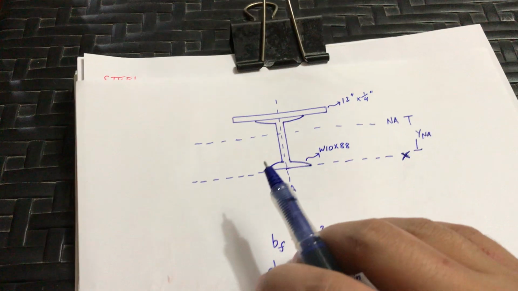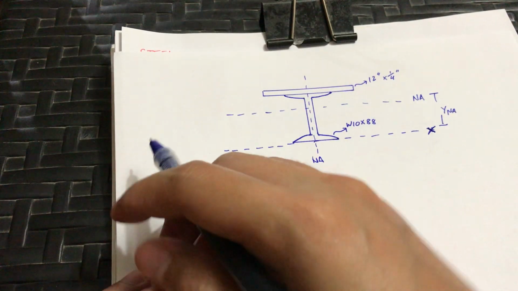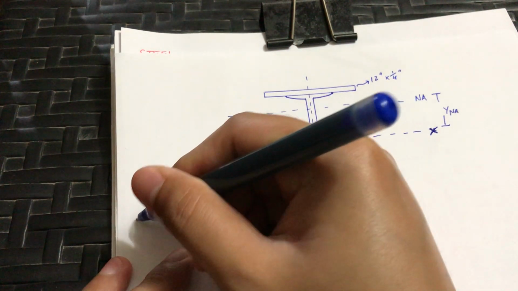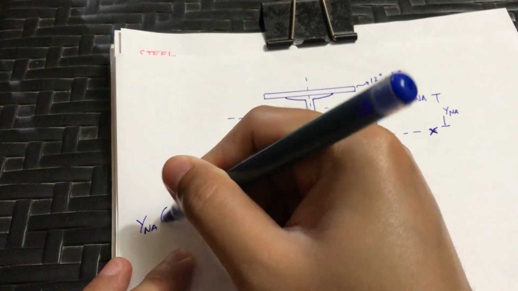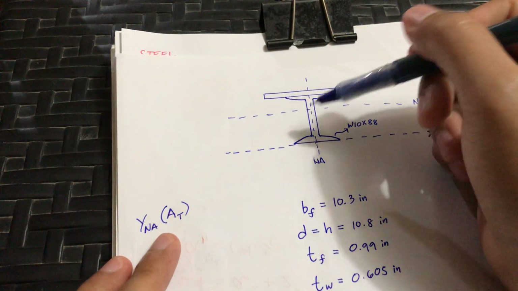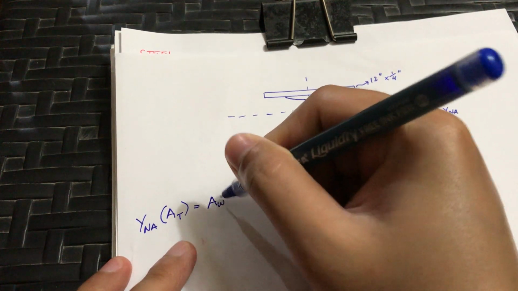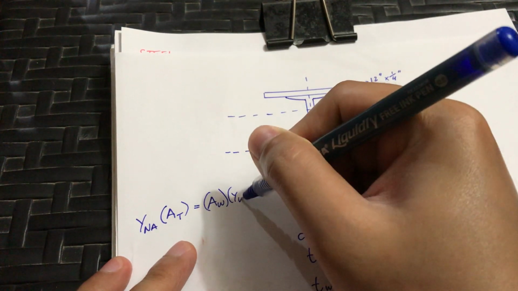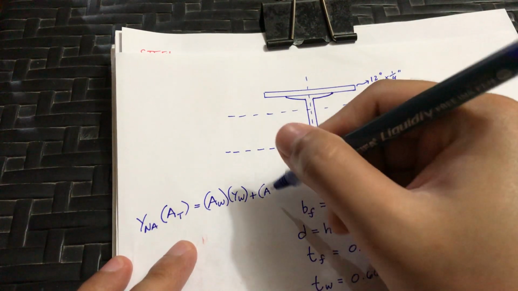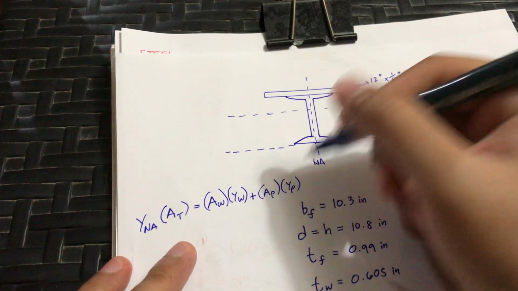To solve the ȳ, the location of the neutral axis on the vertical, we can use the centroidal formula, wherein ȳ multiplied by the total area, which is the area of the wide flange plus the area of the plate, is equal to the area of the wide flange times the y of the wide flange plus the area of the plate multiplied by the y of the plate. Okay.